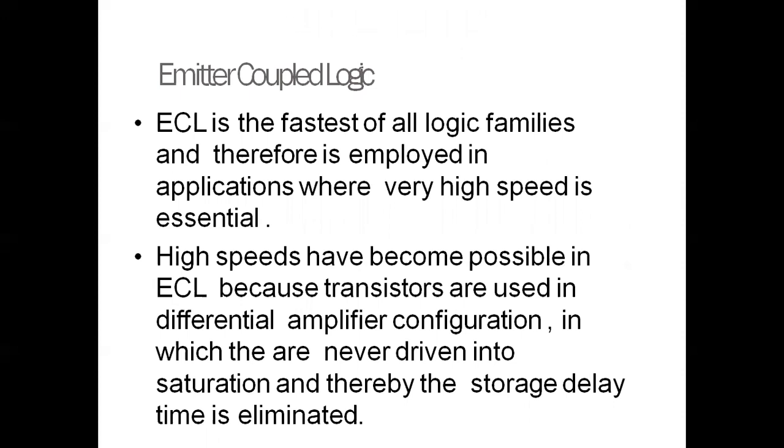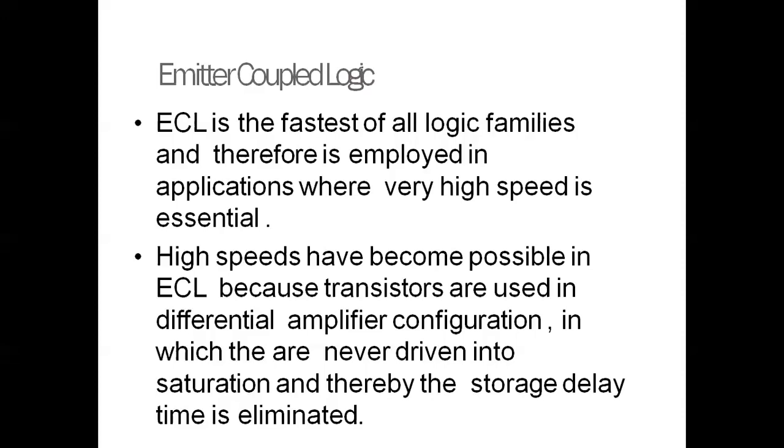Now emitter coupled logic, that is ECL, is the fastest of all logic families, and therefore is employed in applications where very high speed is essential. Whenever high speed output is required, at that time ECL is used. It has high speed possibilities in ECL because transistors are used in a differential amplifier configuration and are never driven to saturation, and thereby the storage delay time is less, or you can say eliminated.